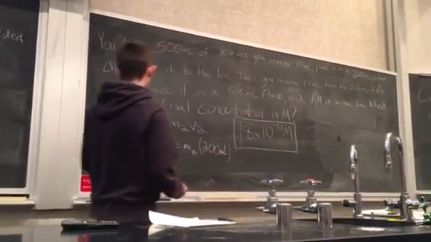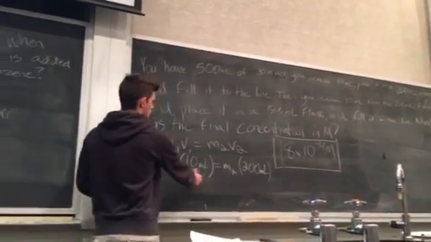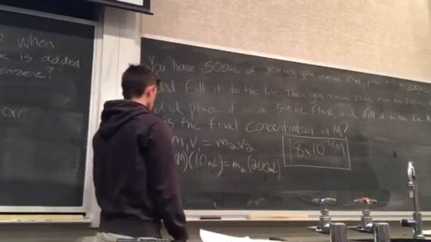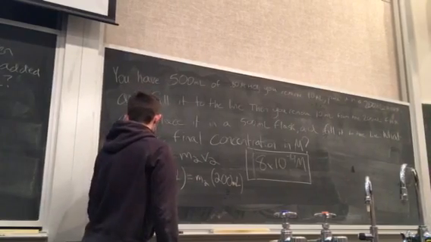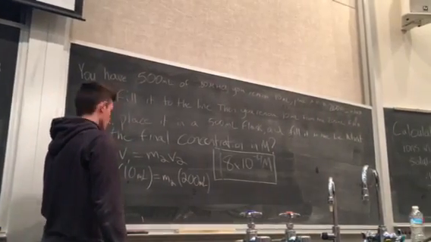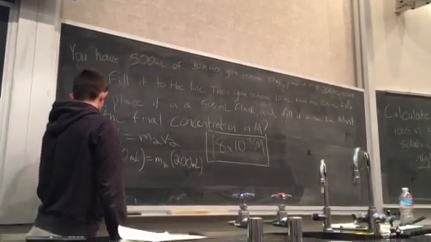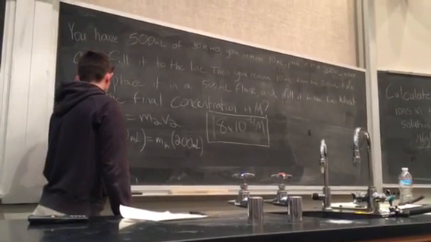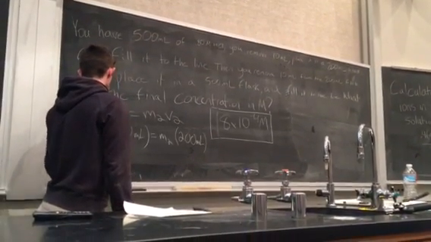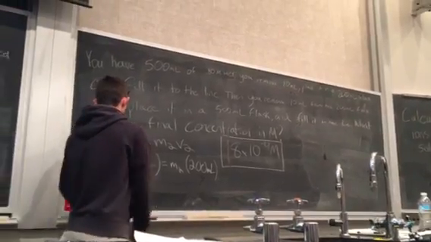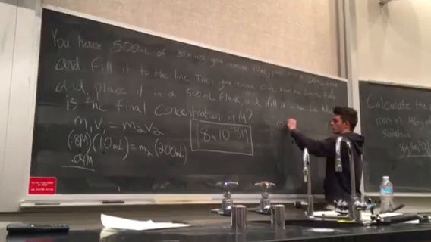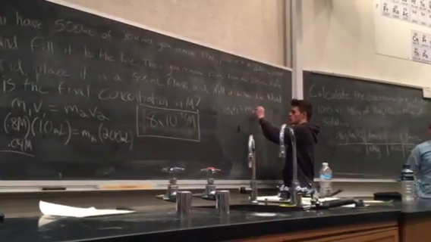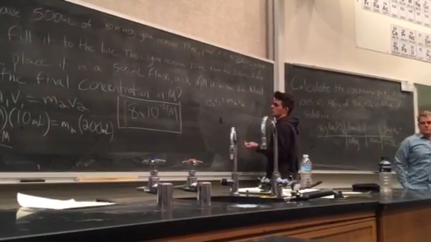Okay, so you do this times this, divided by this. So that's going to be 0.04. Okay, and that is your new M1. So you're going to do another M1 V1 equals M2 V2.